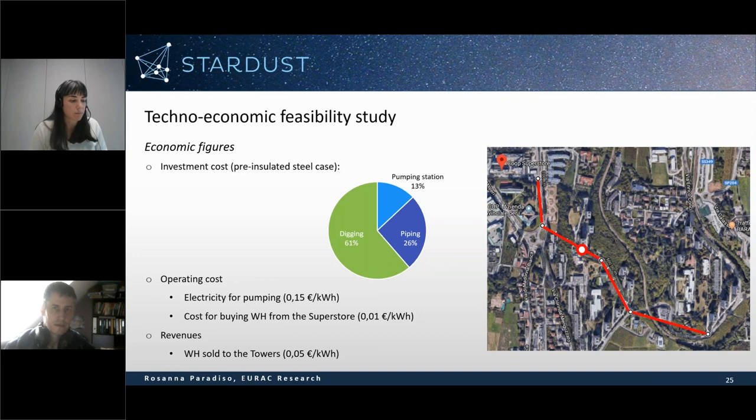So the answer is yes, the process can be automatized, let's say, but in my opinion, the results must be validated. So the tool can do a top-down analysis, where we can have the overall idea of the potential waste heat.